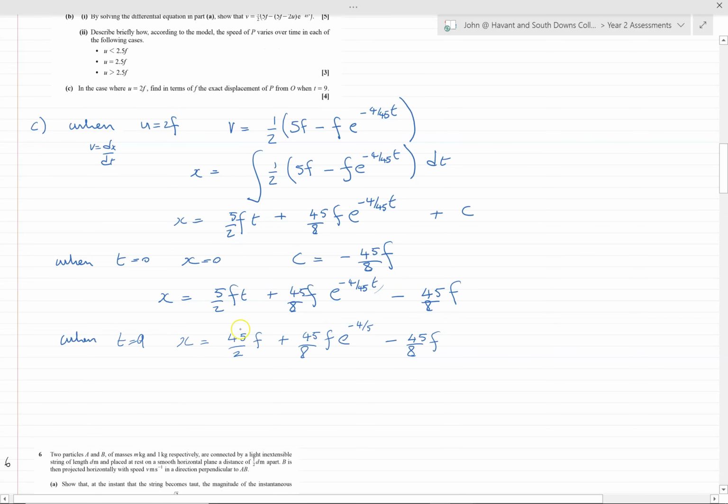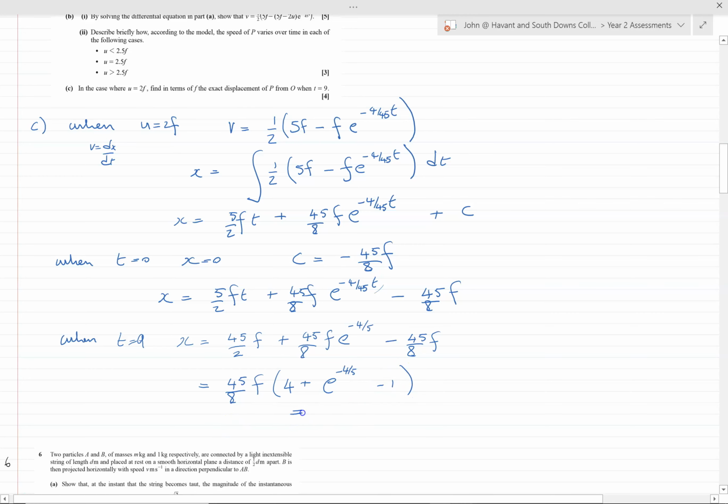Okay, so put it over a common denominator of 8, multiplying this by 4 on top and bottom, and taking out 45 over 8f as a common factor, we'll get 45 over 8f times 4 plus e to the minus 4 over 5 minus 1, obviously.